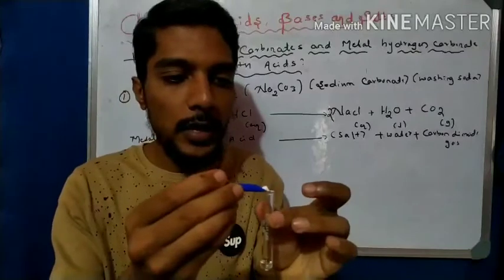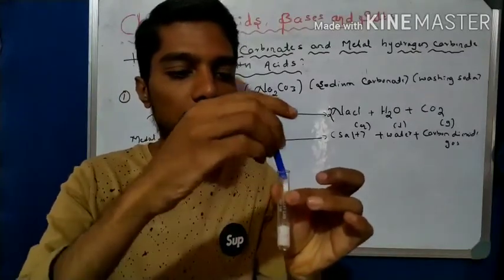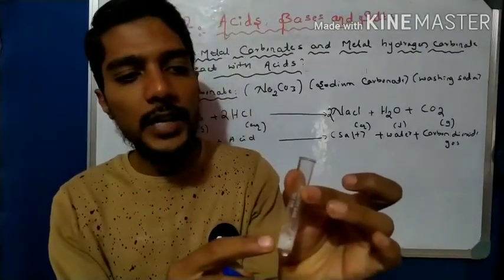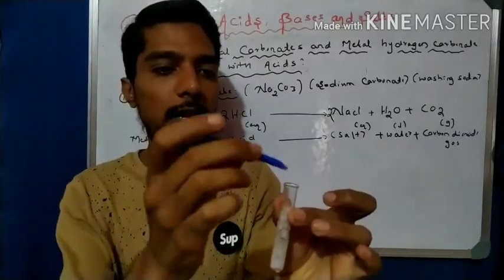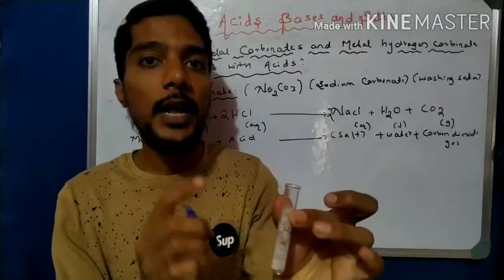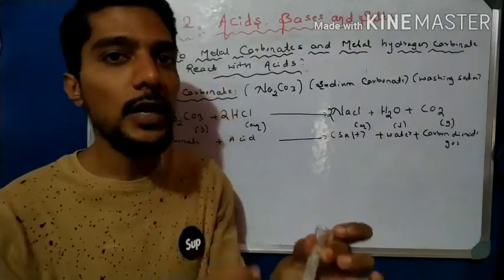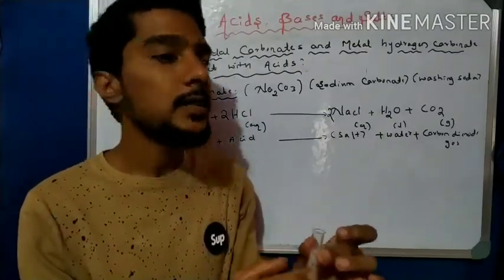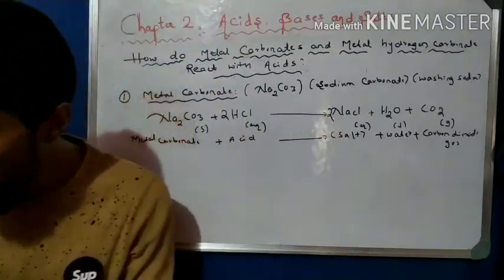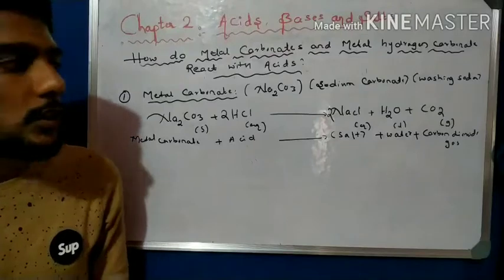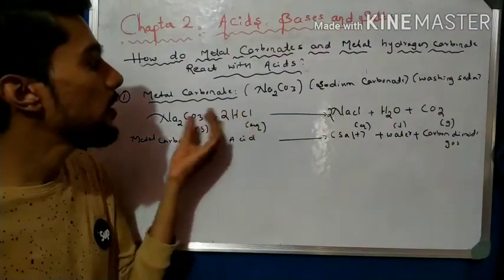Carefully observe, the white gas is liberated, carbon dioxide gas. We observe the white gas in the upper part of the test tube, and that is nothing but carbon dioxide gas. So that is the reaction of acid with metal carbonates. Remember one point here, what happens when an acid reacts with metal carbonates, as asked in the examination.